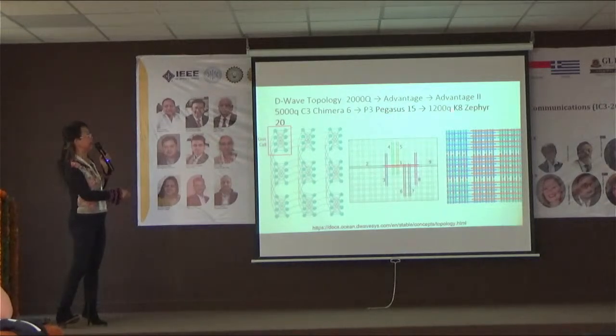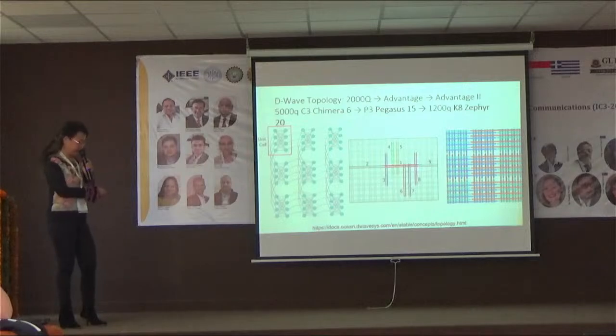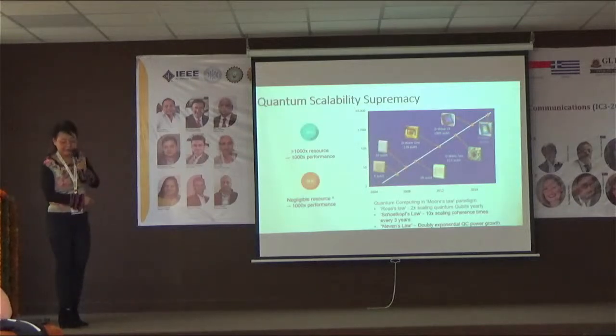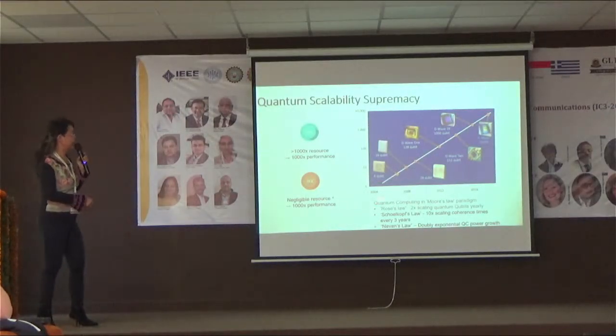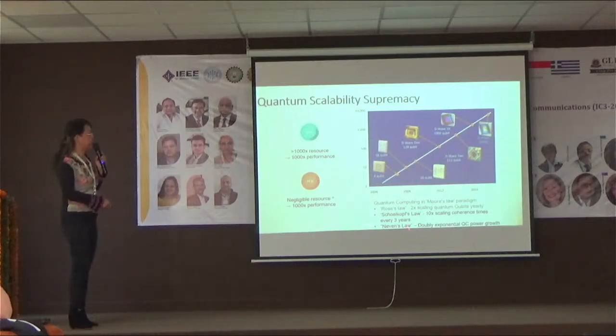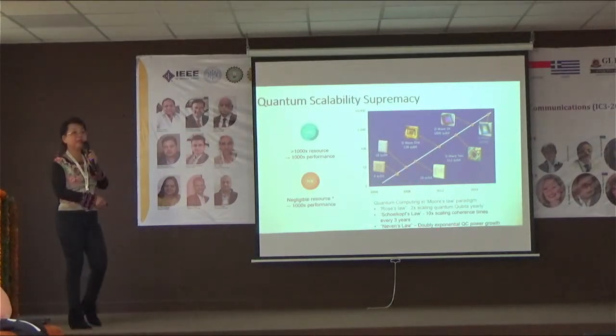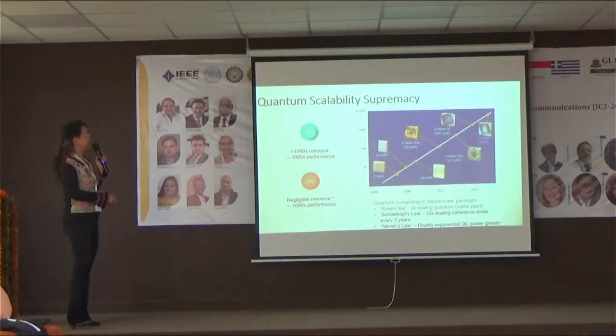With Zephyr, each one has 20 neighbors. So you have more entanglement that you can do. So instead of Moore's law, now we have Rose's law, and then we have Neven's law, a double exponential. Everything is improving very quickly.